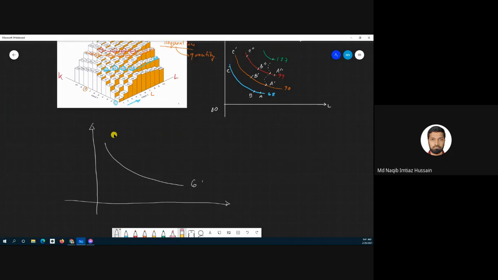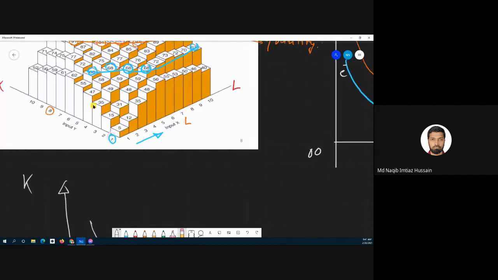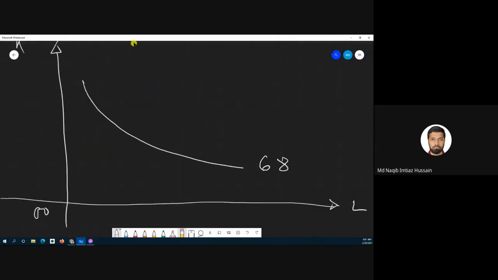This is 68. L, K, 00 origin. Now, if you want to plot different points of 68, what do you get? You're trying to collect the values from here. 68. Labor equal to 3. Capital equal to 4. That gives 68.